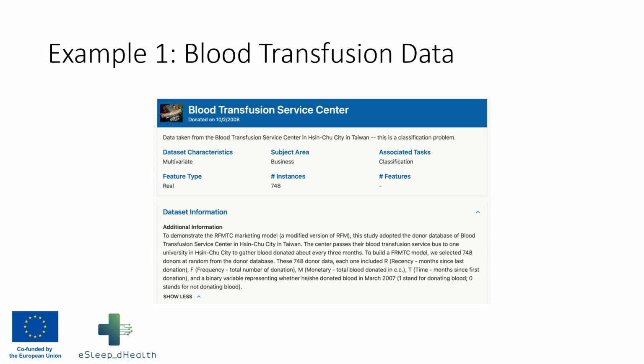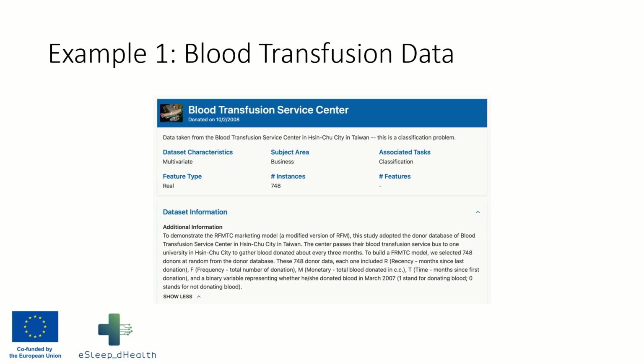It has information about 748 different people who donated blood in the past, and also information whether they donated on a certain donation day. The goal of this data set is to predict whether a person will donate blood based on information from the past.